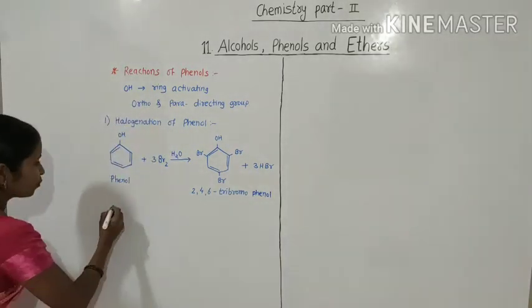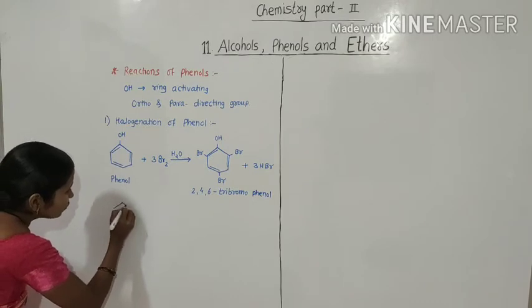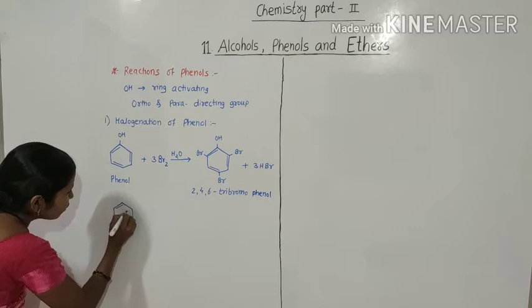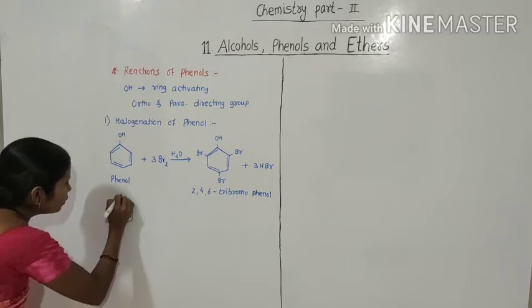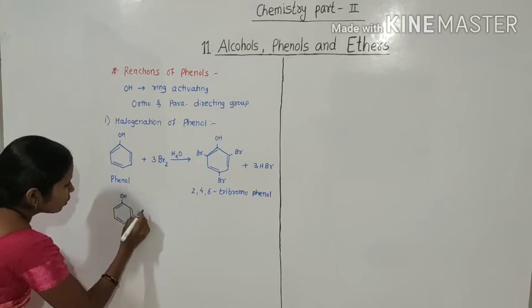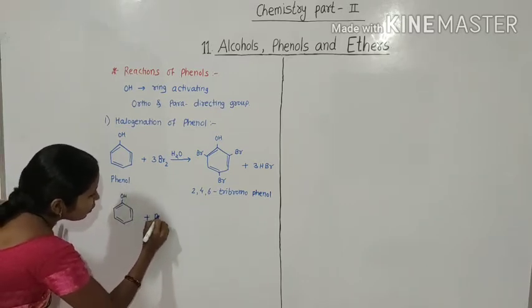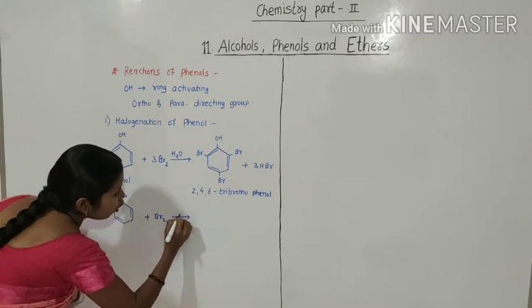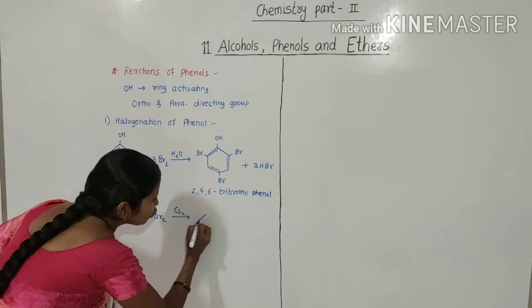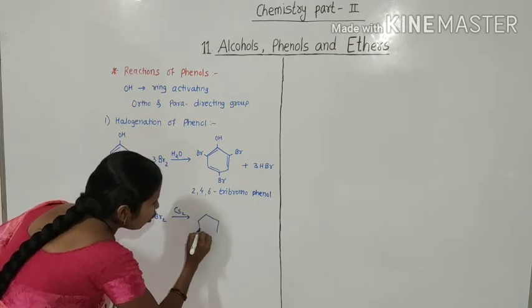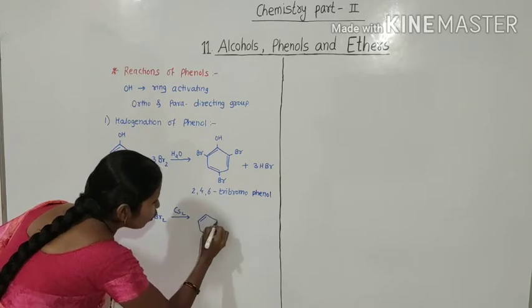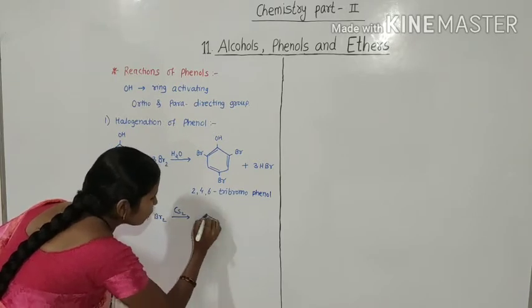See the reaction. Phenol is treated with bromine in presence of CS2, then a mixture of ortho and para-bromophenol is obtained.